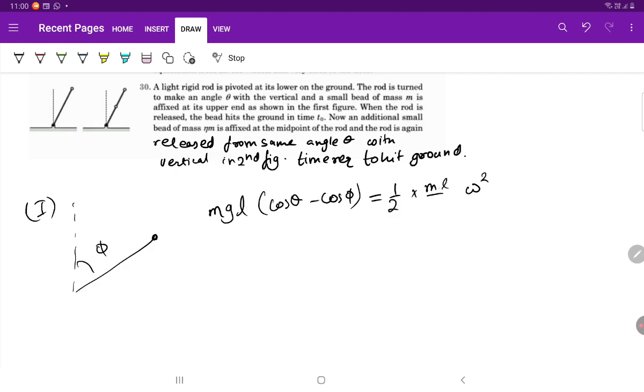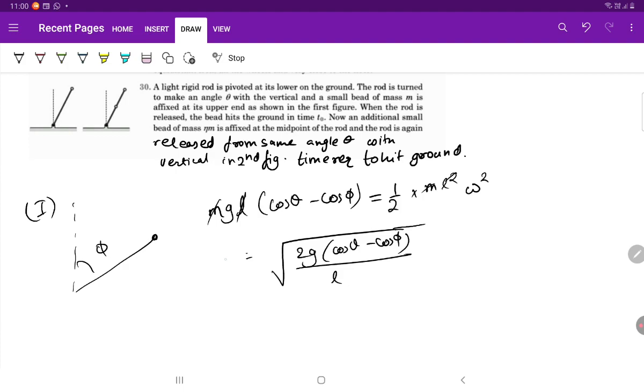Cancelling l on both sides and an m, I will get omega equals root of 2g(cos theta minus cos phi) by l.